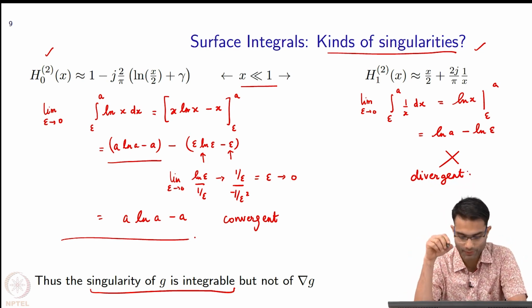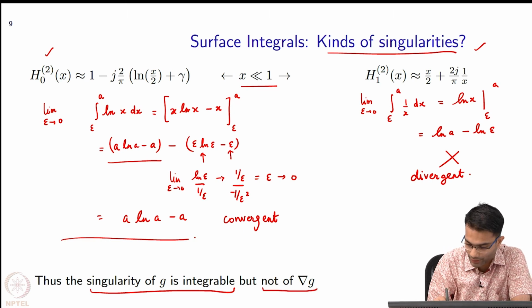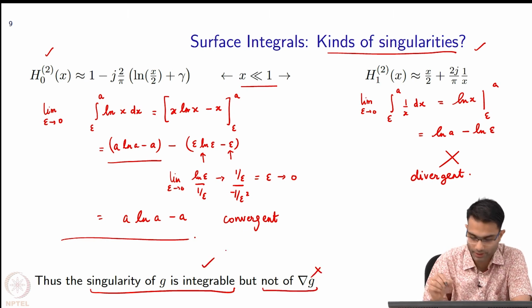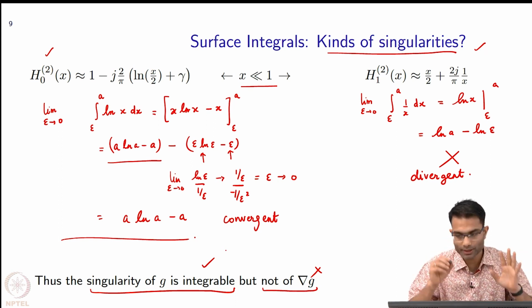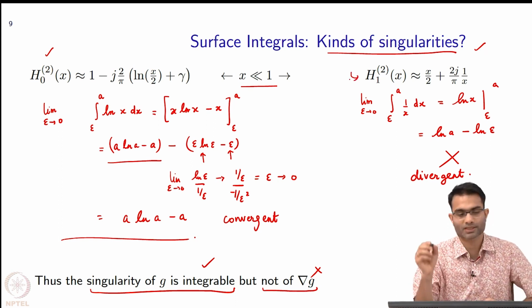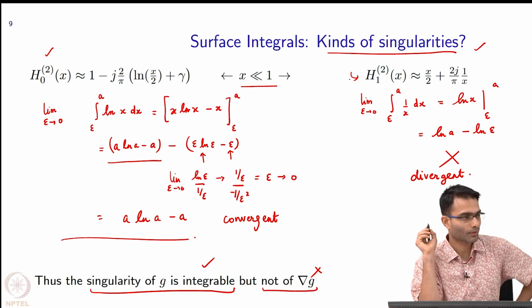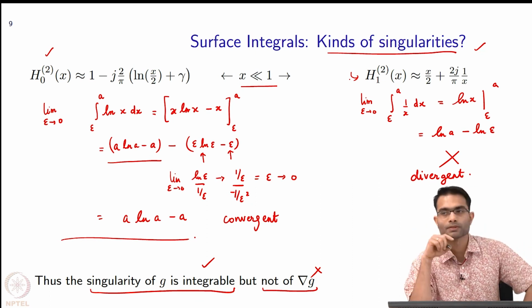So, that is what we have to do. So, the singularity of grad G is not integrable, this is integrable. So, we have zoomed in and found out that the main problematic character is this H12. Any questions about this?